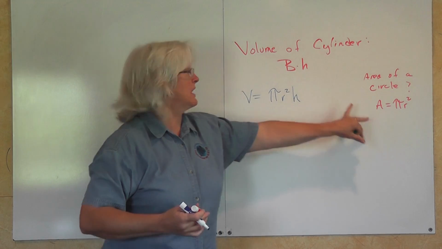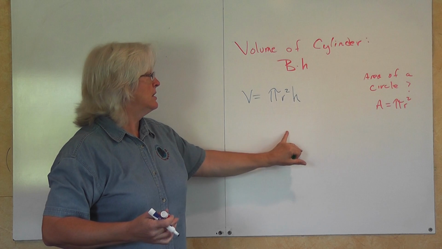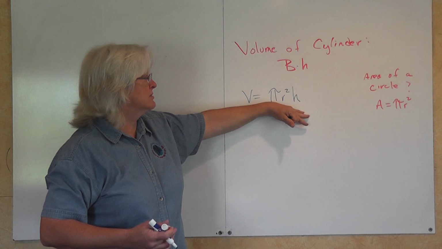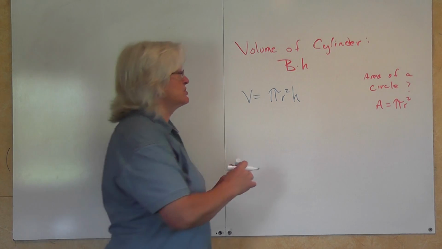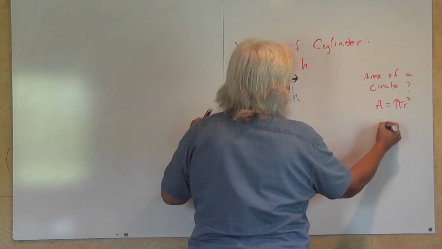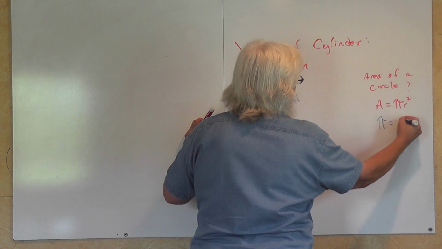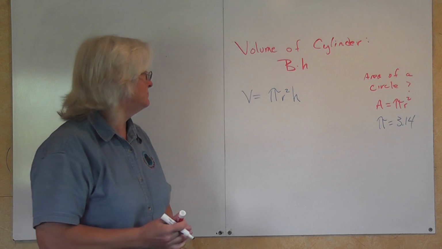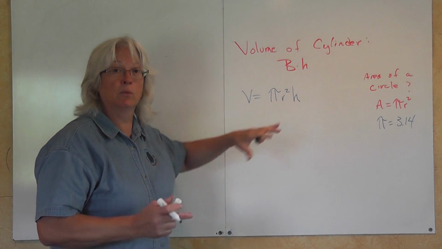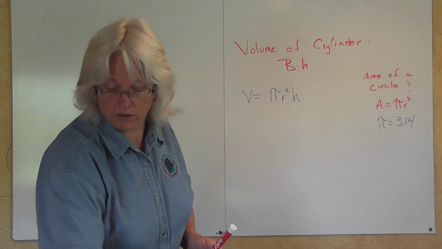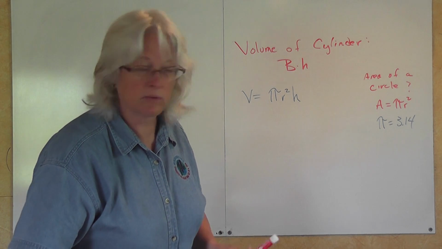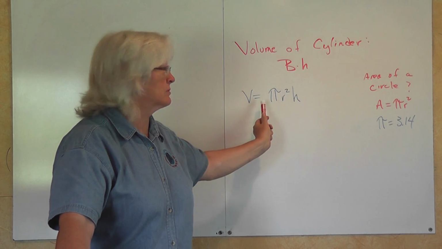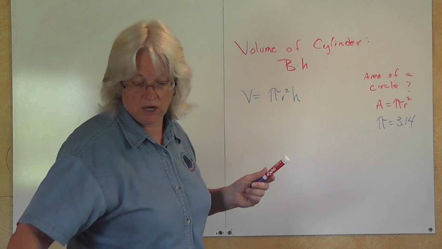Pi r squared is the area of the circle times the height of the cylinder, giving us volume is equal to pi r squared h. And in pre-algebra, they assign for you the approximate value of pi to be 3.14. So all you have to do when you're calculating the volume of a cylinder is be able to remember that the area of your circle is pi r squared, and then know what your height is.